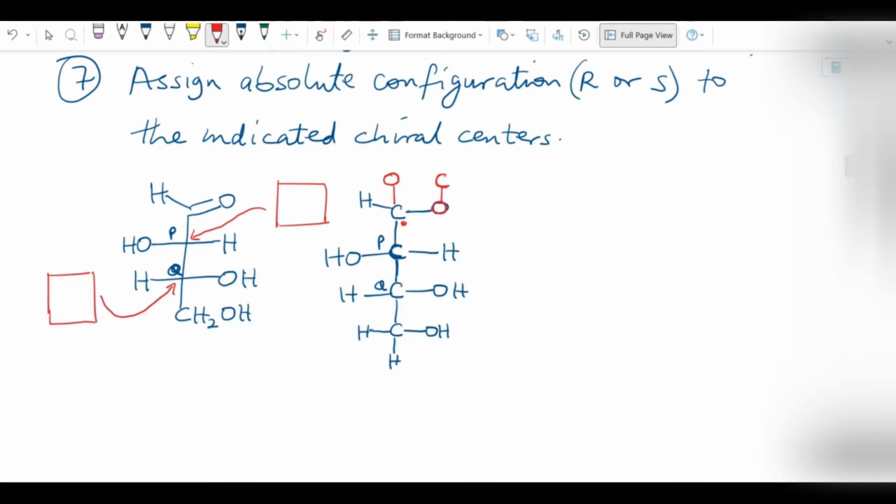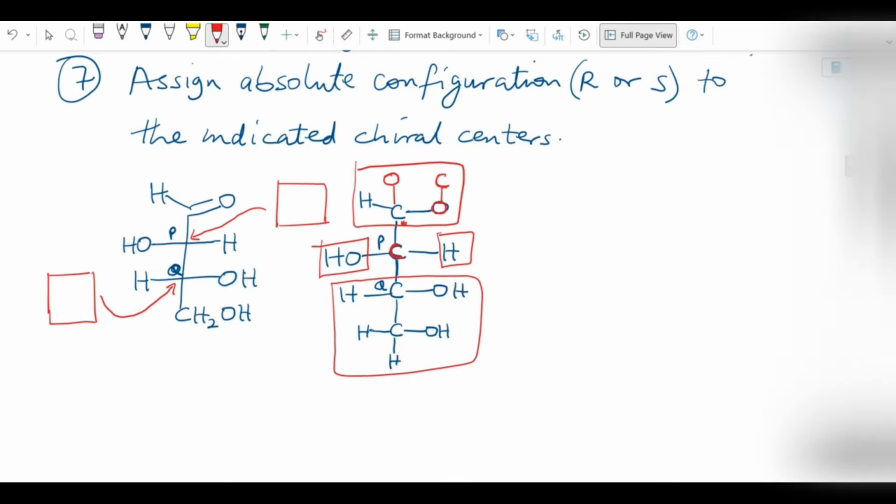Now, we will consider the 4 groups that are attached to each of the chiral carbons. So starting with this is one group that's attached to chiral carbon P. This is another group. This is another group. And the whole of this is another group.